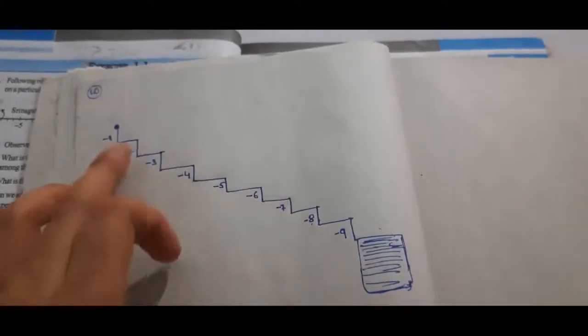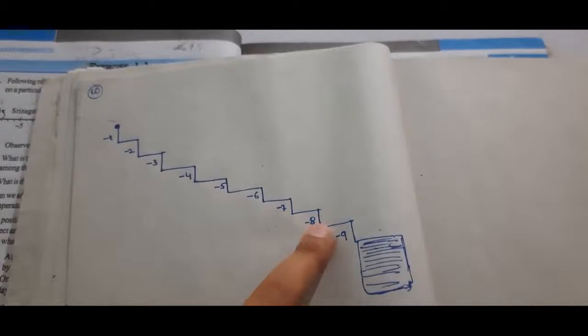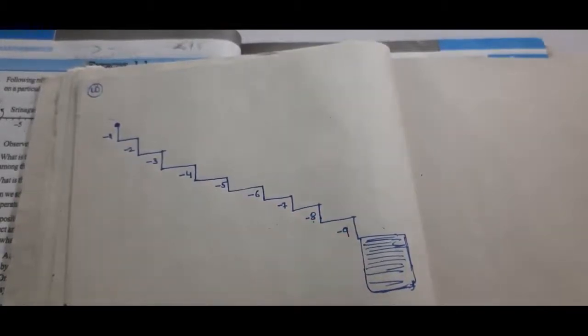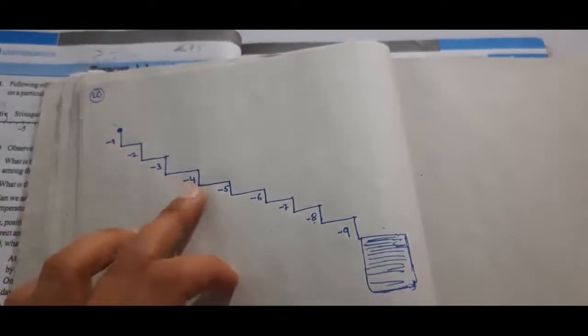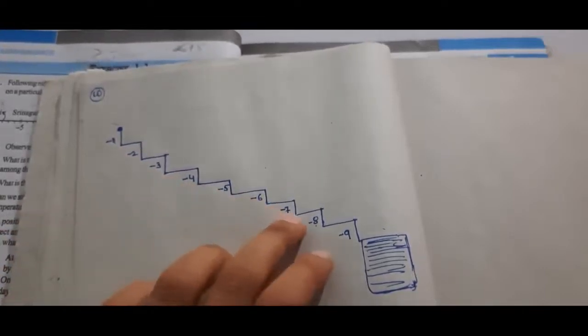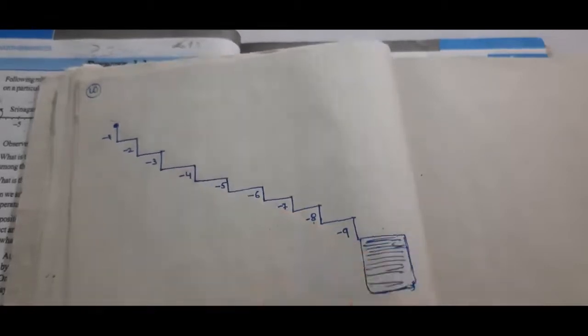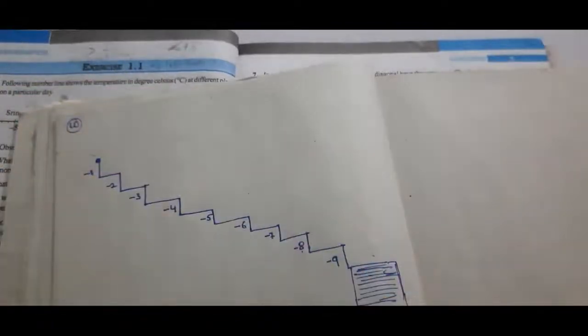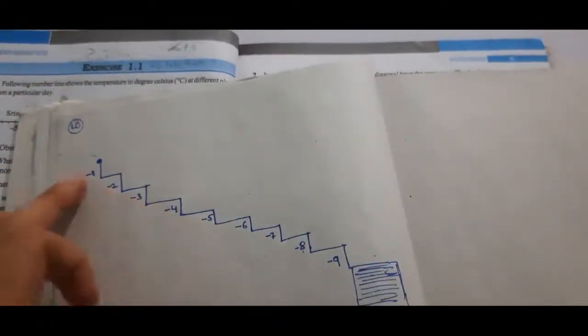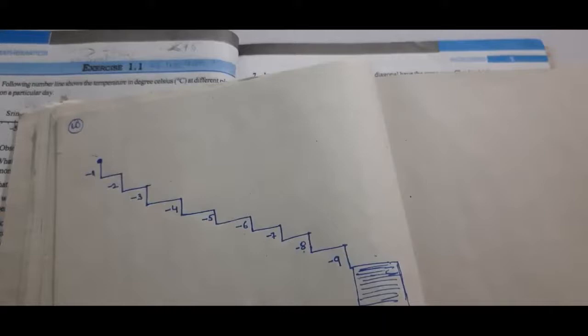Because the monkey is moving down to reach the water level, the steps are denoted -1, -2, -3, -4, -5, -6, -7, -8, -9. Did you get why we took minus? Because the monkey is moving downward, so we have to take negative numbers.